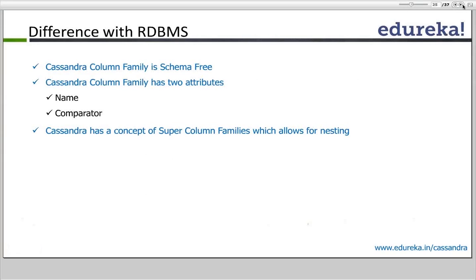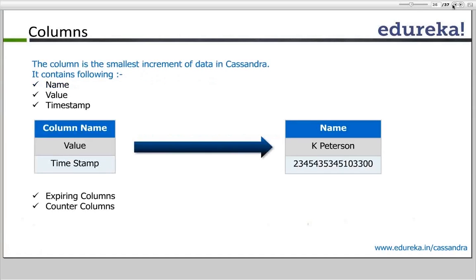Before that, we will understand what a comparator is. The column family has a name, and then there's a comparator, which defines the type of the column name. The biggest difference coming from the RDBMS world is that in an RDBMS, when you define your table name and column names, all of them are strings.